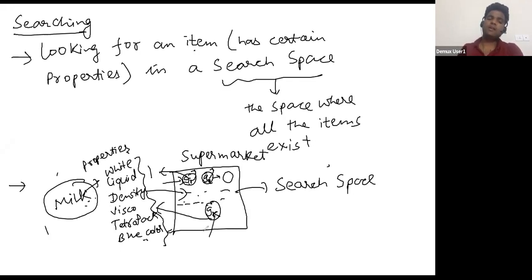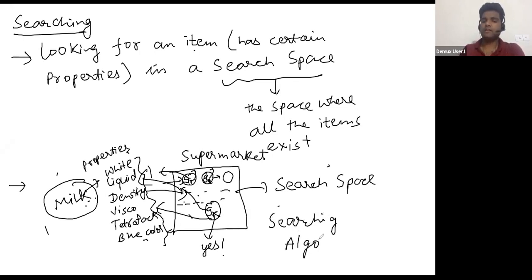And then you conclude, yes, this is what I'm looking for. So then you go to the billing counter, get it billed, and then you come out and your mom is happy, right? So this is one typical searching algorithm which you could use, which is the brute force way of searching, which is basically inspecting every element until you find the desired element.